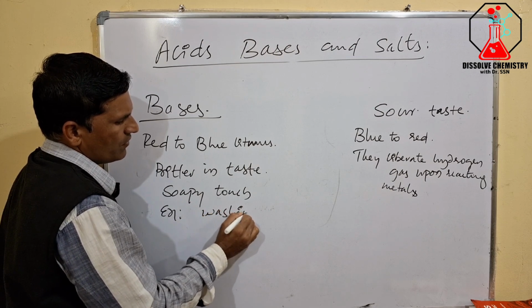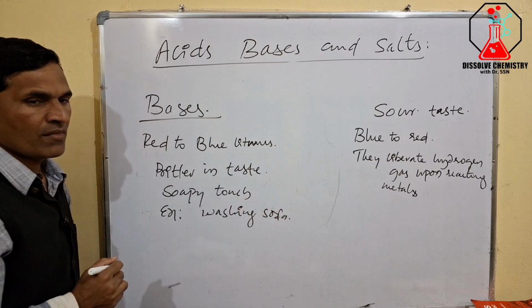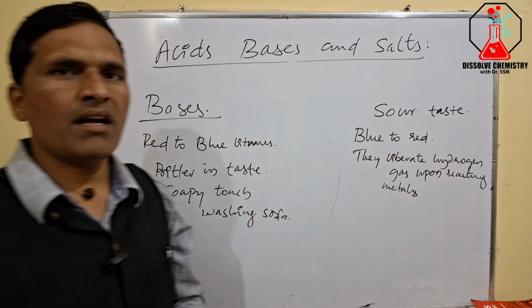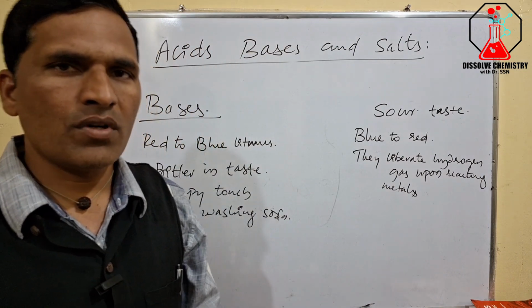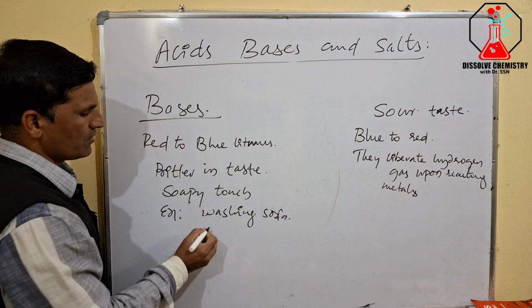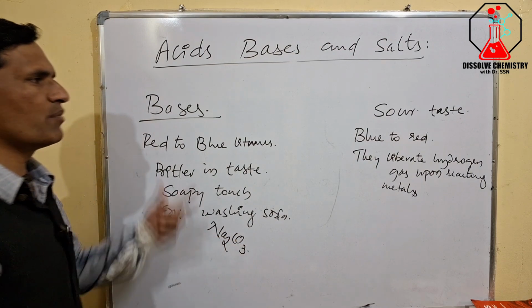Many are there, but I am quoting just one example here; we will take different examples later. Washing soda has a cleansing property and is used for washing, and it is nothing but sodium carbonate, Na2CO3. So that is bases.